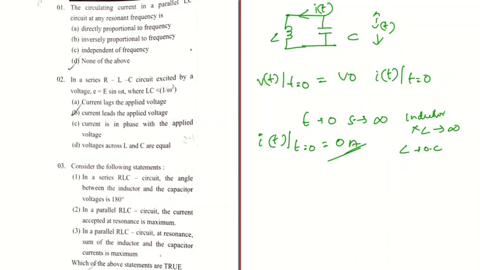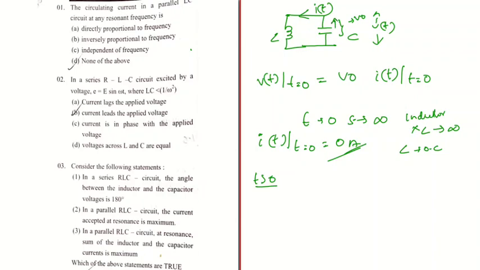For t greater than 0, we have to write Kirchhoff's law. At t equal to 0 there was a voltage over here, that is V0, so we are going to consider that as well.